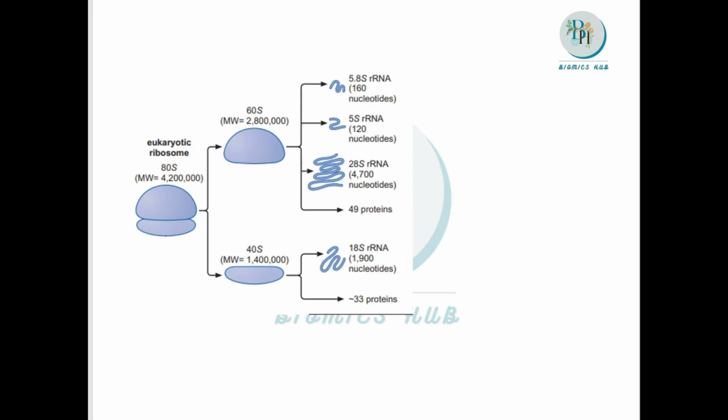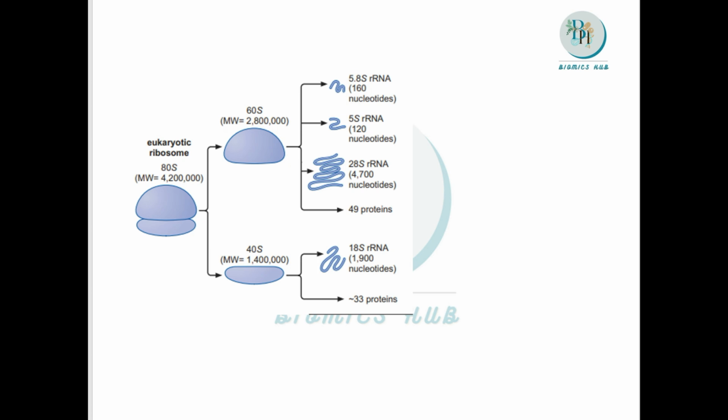Next, the next component is the ribosome. In eukaryotes, it is an 80S ribosome, and according to molecular weight, this 80S ribosome is divided into two parts: the large subunit is 60S and the small subunit is 40S. The 60S subunit has ribosomal RNA as well as proteins.